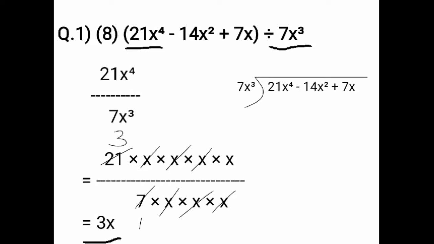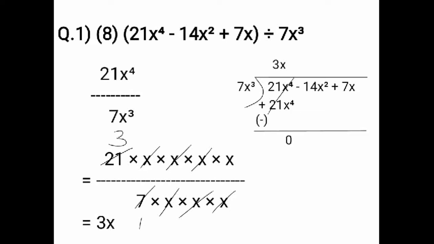Quotient which you got here, write this place now. 7x cube into 3x, you are getting the answer plus 21x raised to 4. Now you have to take the opposite sign minus. 21x raised to 4 minus 21x raised to 4, answer is 0. Before that you have to cancel. When you write the answer 0.